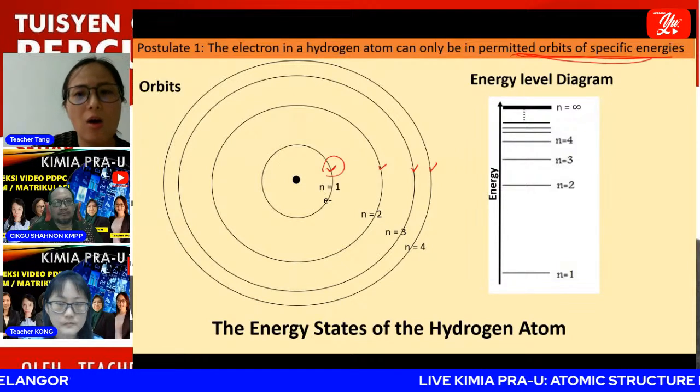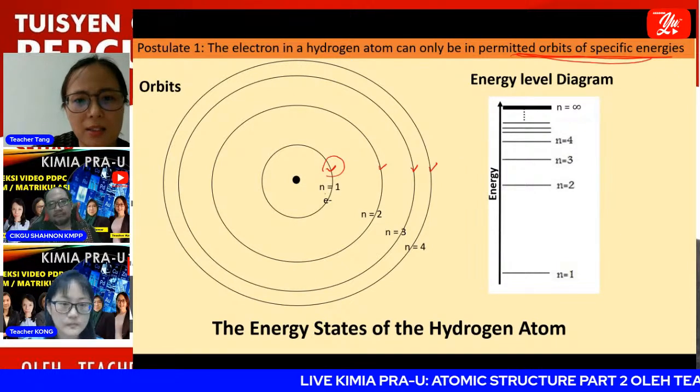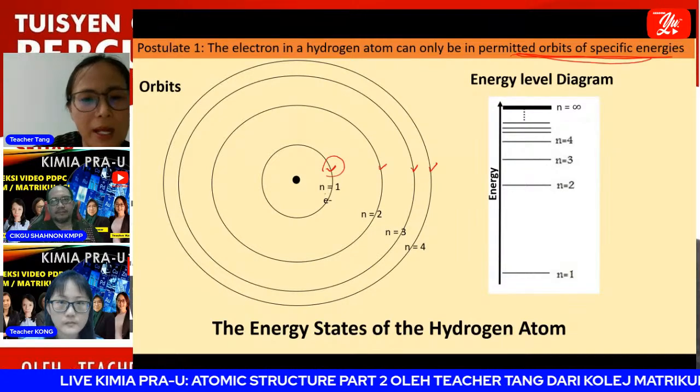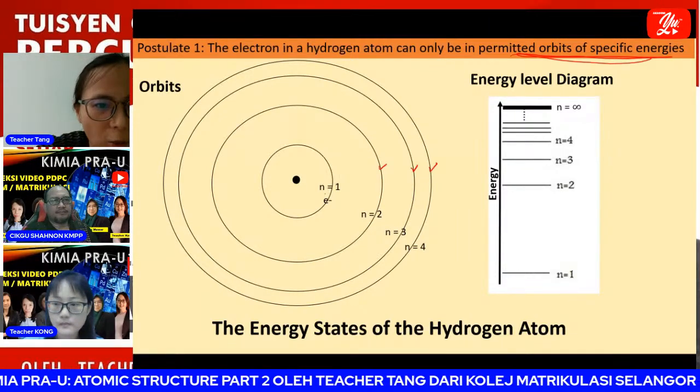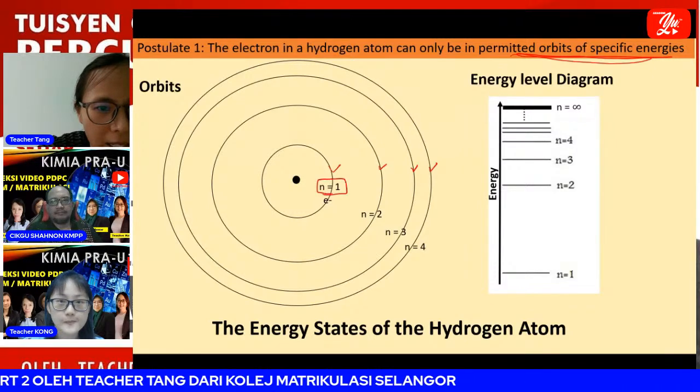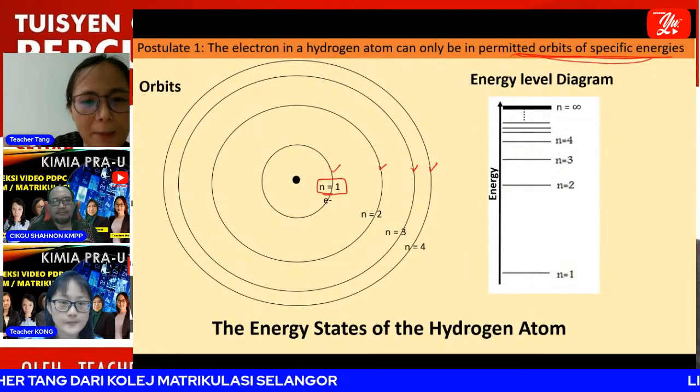Therefore, we can illustrate the energy of the orbits in an energy level diagram. The orbit closest to the nucleus is energy level 1, with a certain amount of energy.